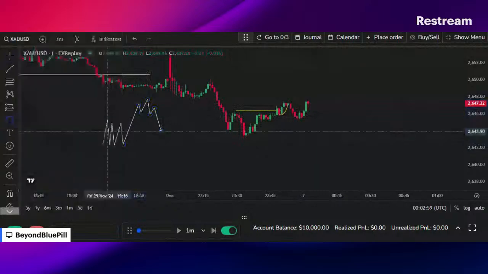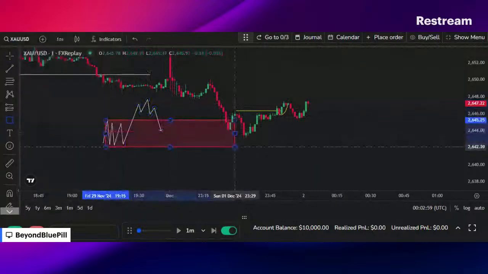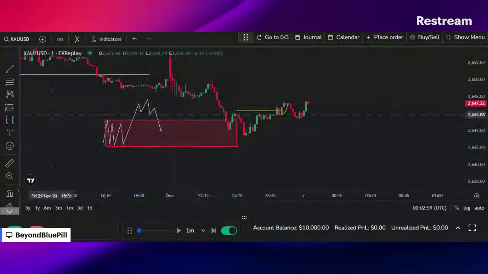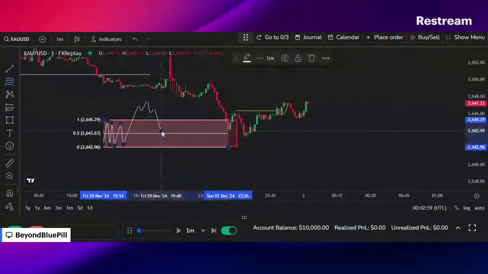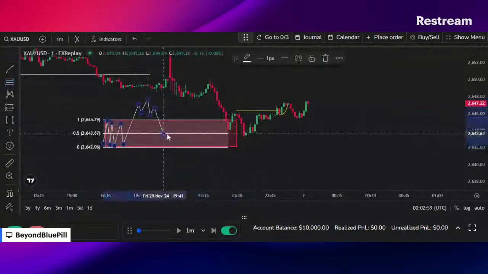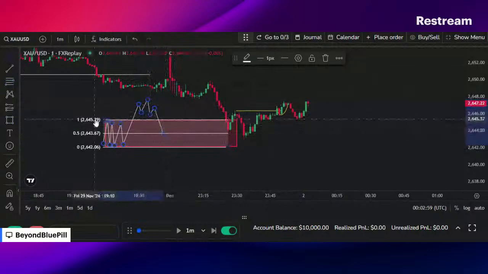Even yesterday I took a trade while I was not live. I would draw a zone and then mark the 50 and take my profit at the 50, because this is very effective and I have never taken a loss in this, right?